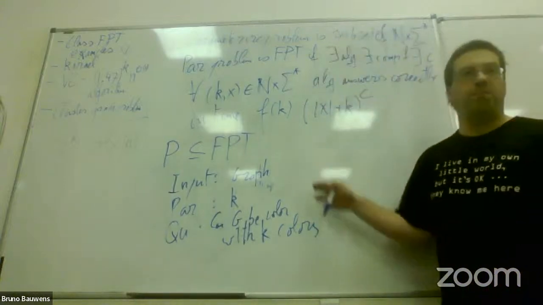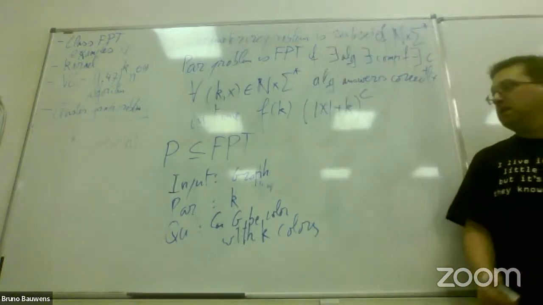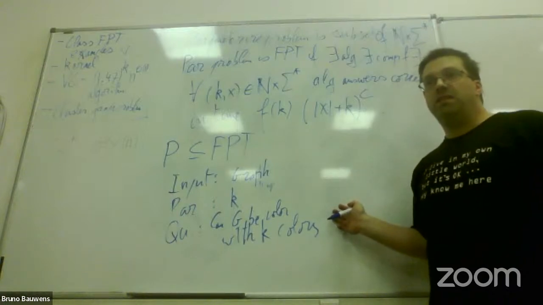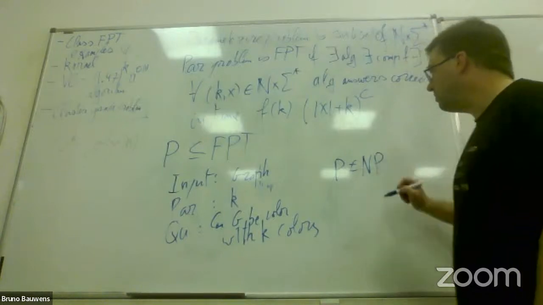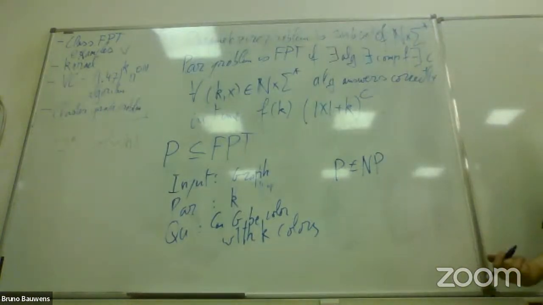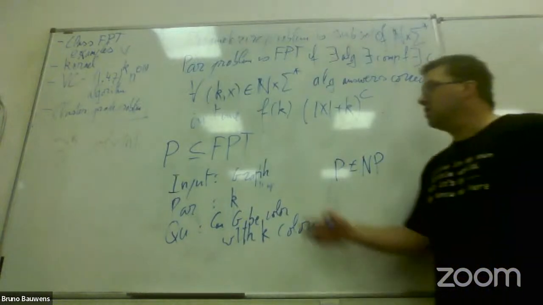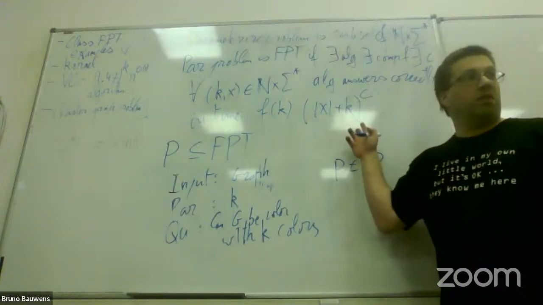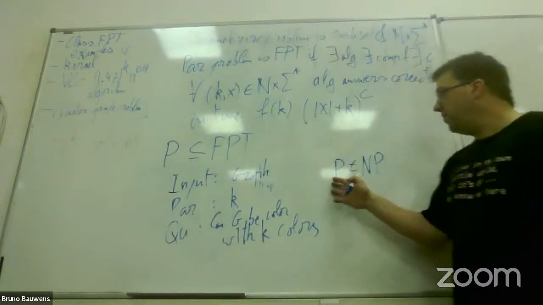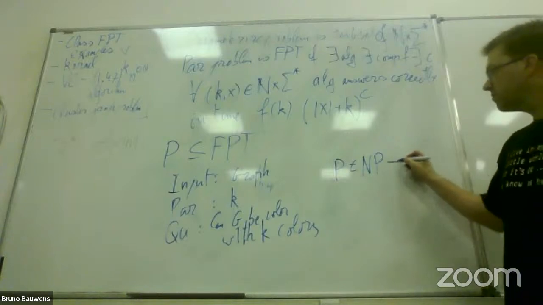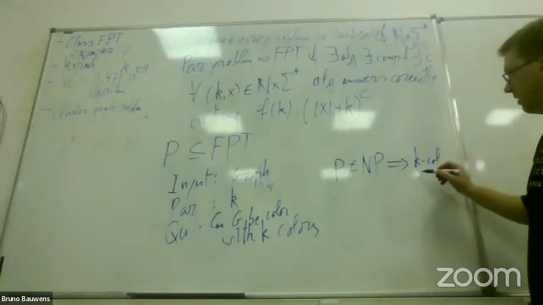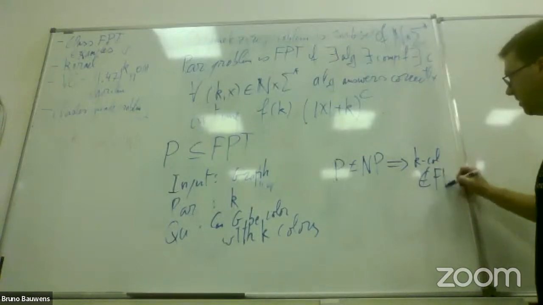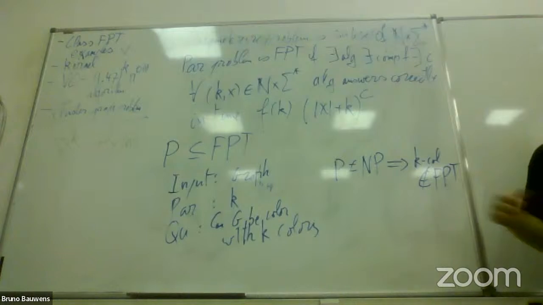If P is not equal to NP, then this problem is not FPT. You remember that we proved that 3-colorability is NP-complete. So if K-colorability can be solved in polynomial time, then we have P equals NP. So P not equal to NP implies K-color is not in FPT. So this is an example.